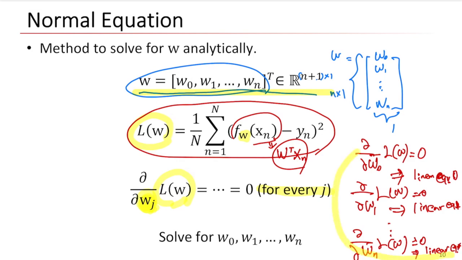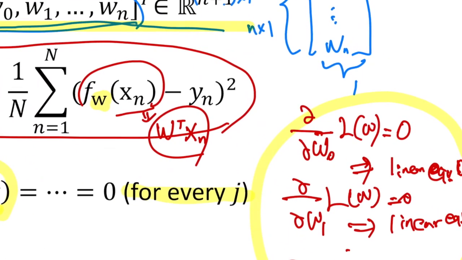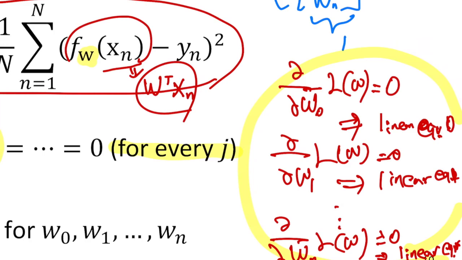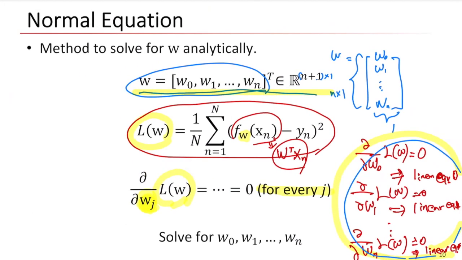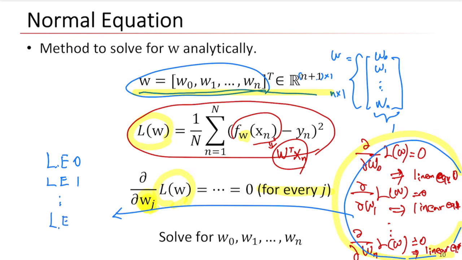Then what does that mean? The solution of this linear system. Okay, let's say LE, linear system. This linear system 0, linear system 1 through the linear equation n.